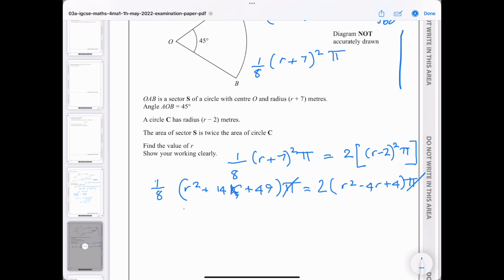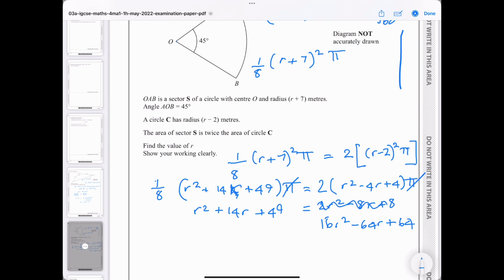On this side we've got 2r squared minus 8r plus 8, and I'm going to times it out by 8 as well. So r squared plus 14r plus 49 equals 16r squared minus 64r plus 64.